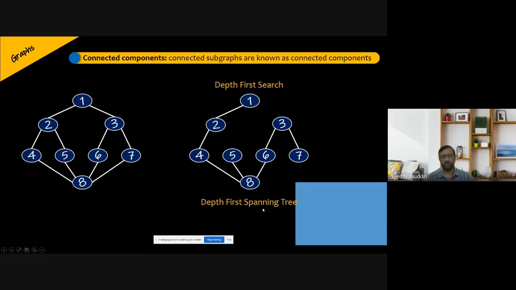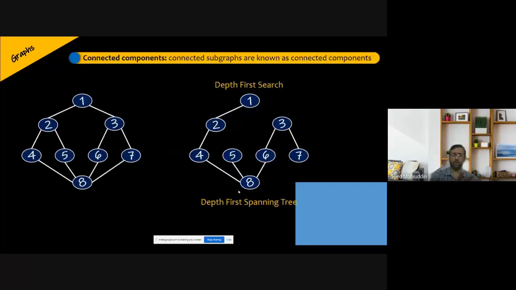Then we can also use depth first search. When we use depth first search, if we are able to visit all the vertices, that means all the vertices are connected, and the tree which we get with depth first search is the depth first spanning tree.